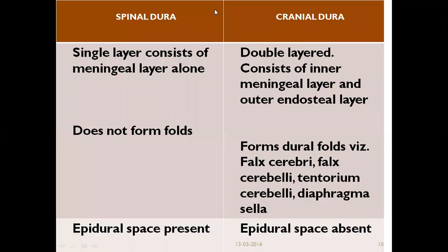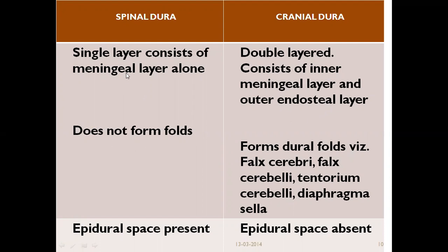Now there are certain differences between the spinal dura and the cranial dura. The spinal dura is a single layer, consisting of only the meningeal layer, whereas the cranial dura, as we have studied, is a double layer, consisting of an inner meningeal layer and an outer endosteal layer inside the skull bone.